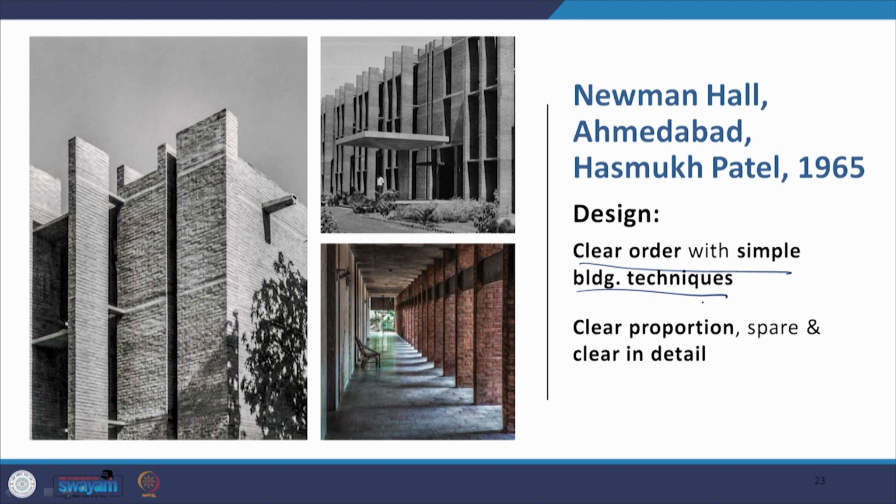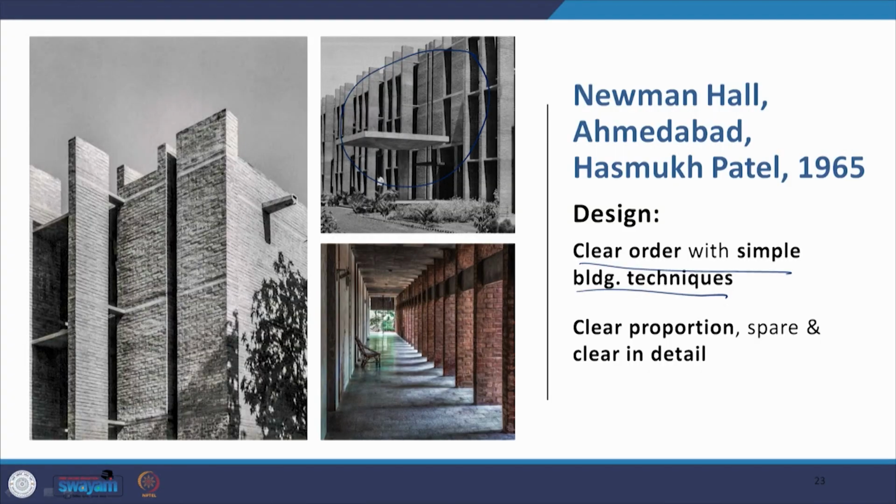It is very spare, very frugal and clear in detail. That is of course true because this was to be for a very conservative society that this building represented. So, the entire building had to have that very frugal and spare appearance.